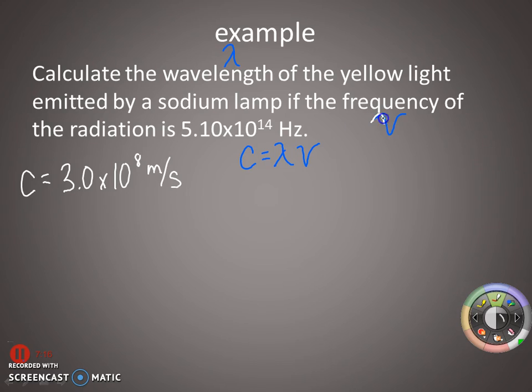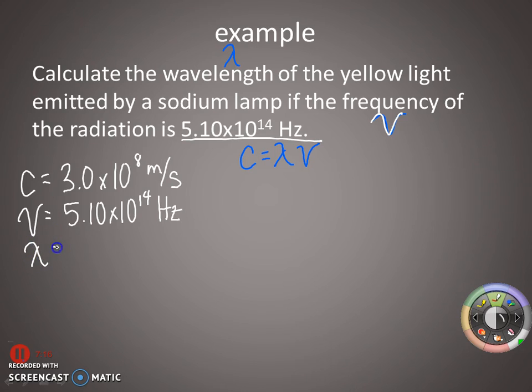We have frequency, which is nu, and they told us that is 5.10 times 10 to the 14th hertz. That means we are solving for lambda. We're looking for the wavelength.